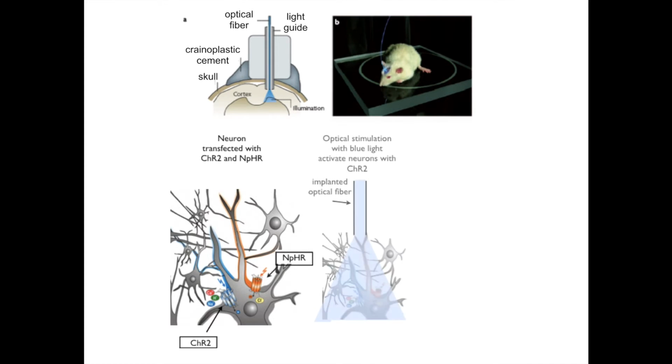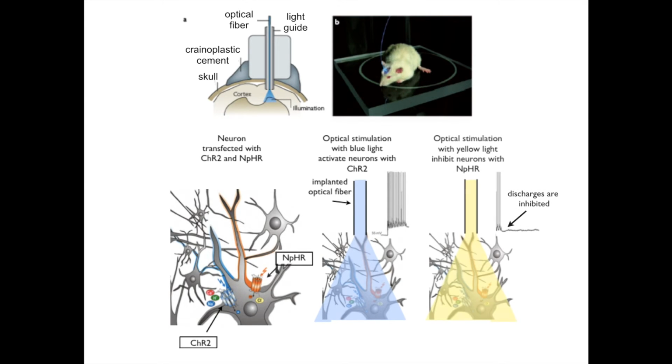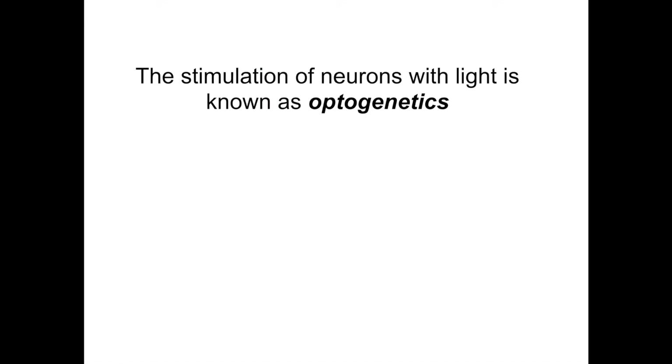If blue light is shown on the neurons, they are excited and fire action potentials. If yellow light is shown on the neurons, they are inhibited and are prevented from firing due to the influx of negatively charged chloride ions that hyperpolarize the cell. The stimulation of transfected neurons with light is called optogenetics.